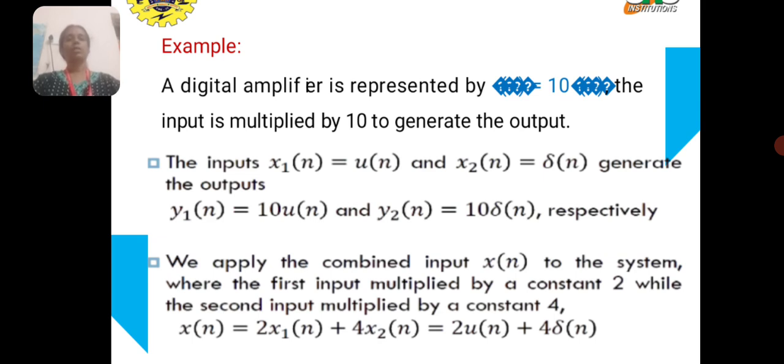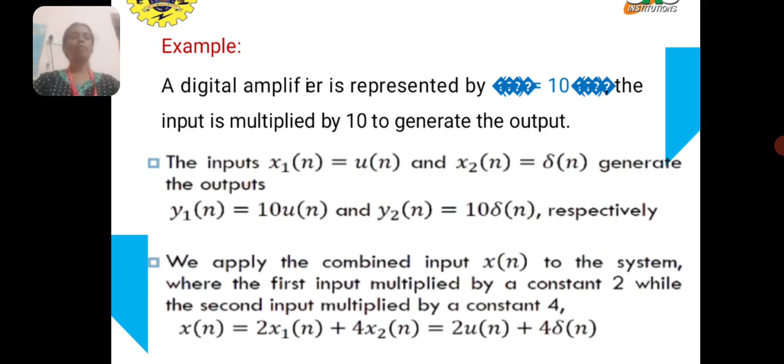Right. So x1 of n is equal to u of n and x2 of n is equal to del of n. What is y1 of n? y1 of n is equal to 10 times u of n and y2 of n is equal to 10 times del of n, since the given input is decomposed as unit step and unit impulse. Right?